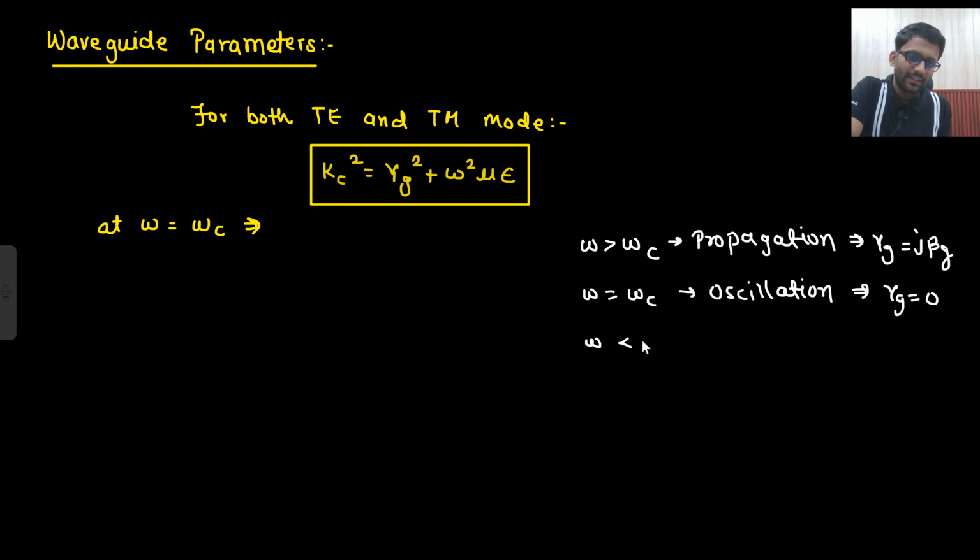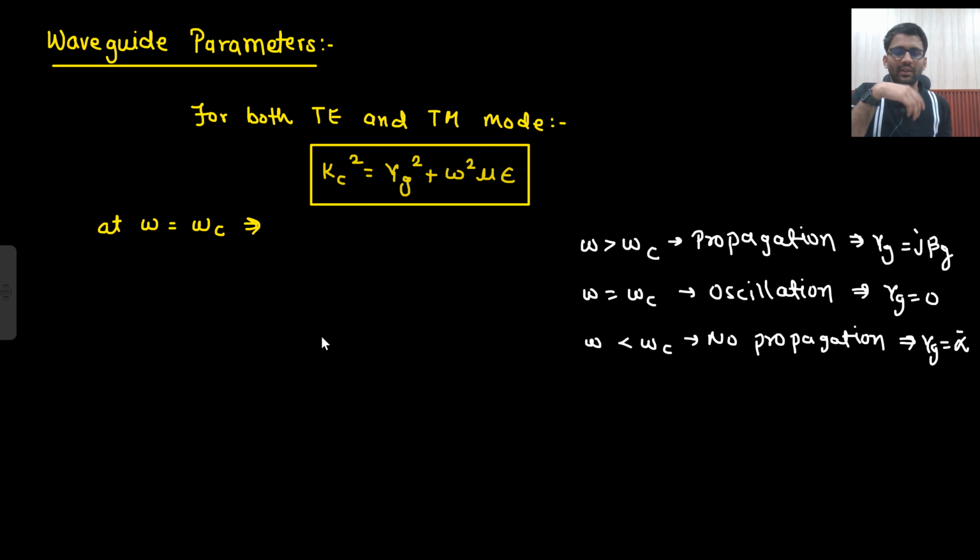And when omega is less than omega c, there will be no propagation and only attenuation will be there. That means gamma g will be equals to alpha. So at omega equals to omega c, gamma g will be equals to 0.